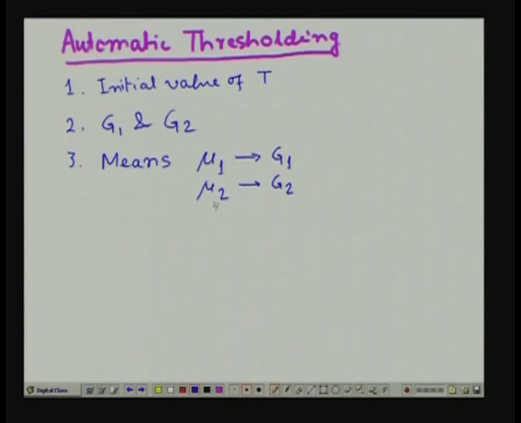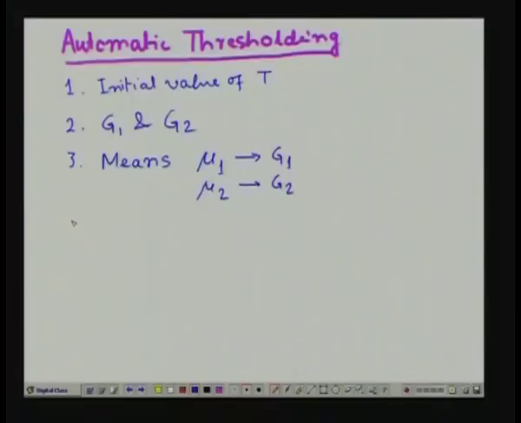Once I get this mu 1 and mu 2, then in the fourth step I choose a new threshold T, which is equal to mu 1 plus mu 2 divided by 2. And after doing this, you go back to step 2 and perform the thresholding operation once again.